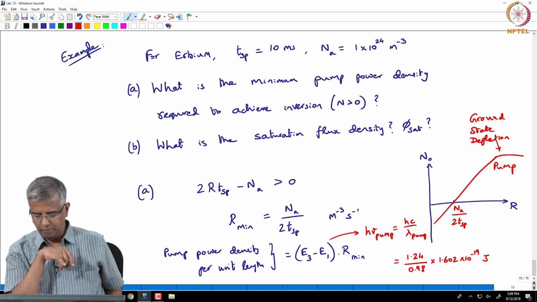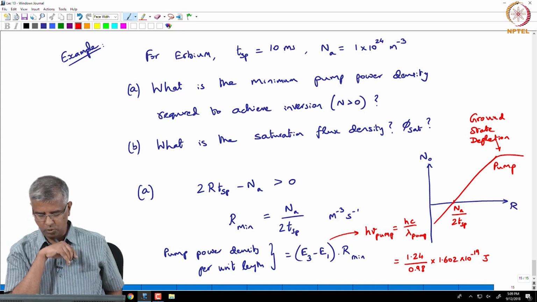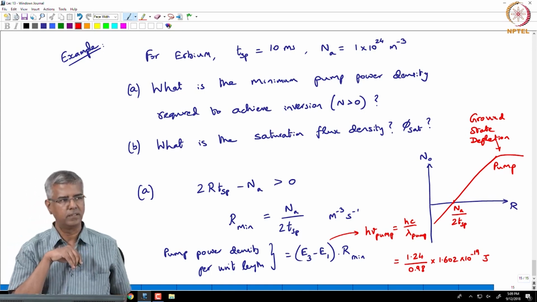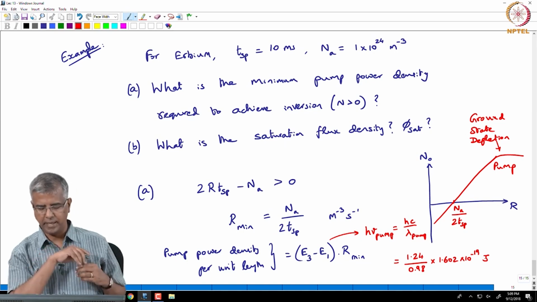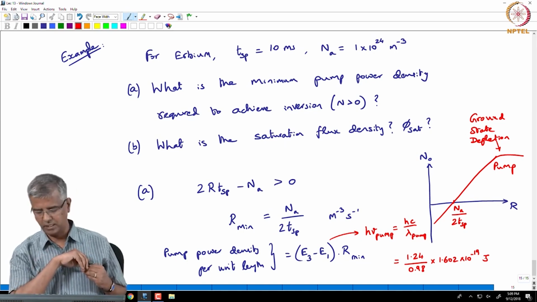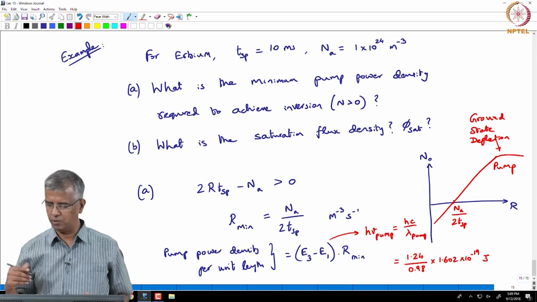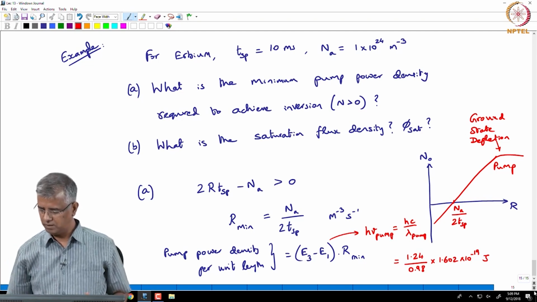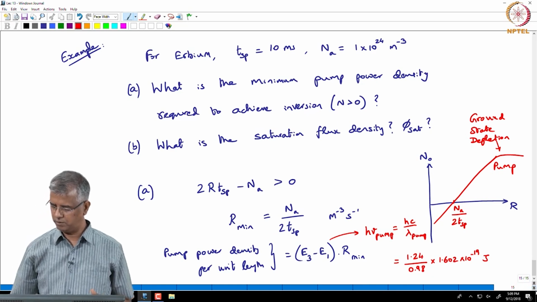And do we have enough data to calculate R min? Yes, because Na is given, and TSP is given, so you can find out R min. So, I can go ahead and write it all out.